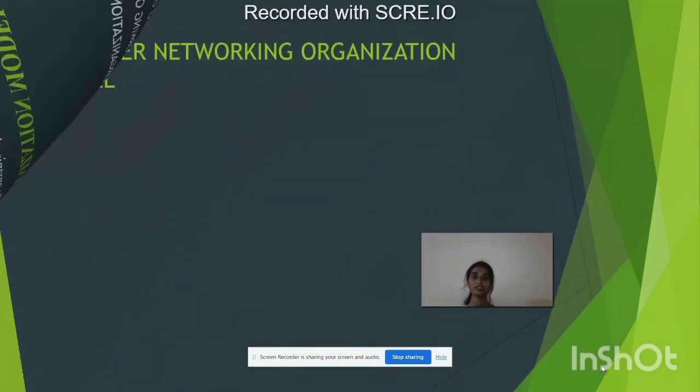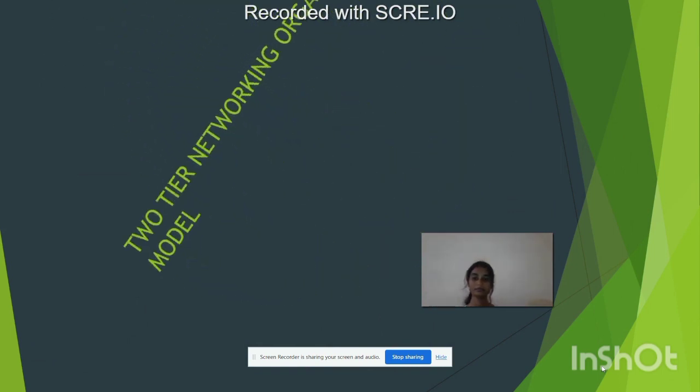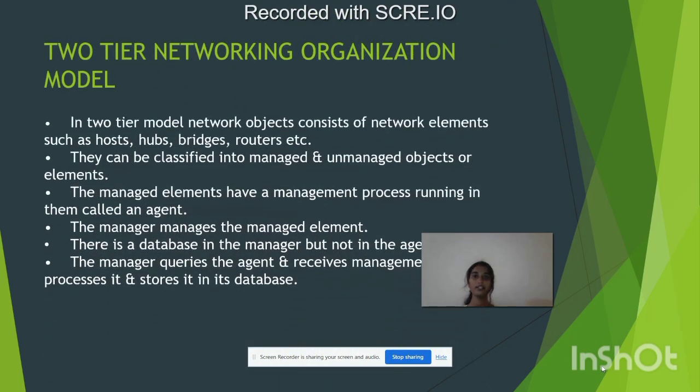Now, first let us see the two-tier networking organization model. In the two-tier networking organization model, objects consist of networking elements such as hubs, routers, bridges, etc. This model is divided into two types, that is managed and unmanaged objects or elements.